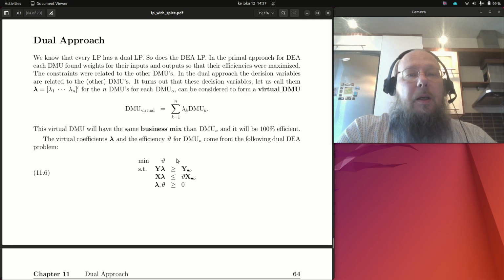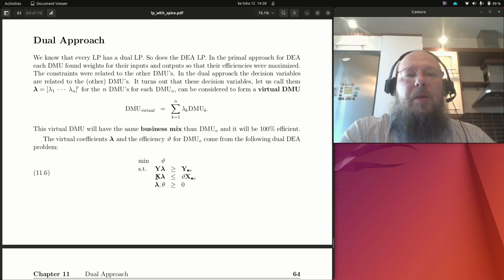So the dual DEA is the following. The primal was a maximization, so the dual is a minimization. So we minimize theta. This funny looking letter is also a Greek theta. And what are the constraints? We have constraints for each output: the outputs weighed by the decision variables, lambda, should be at least as big as the outputs of the DMU we are considering.